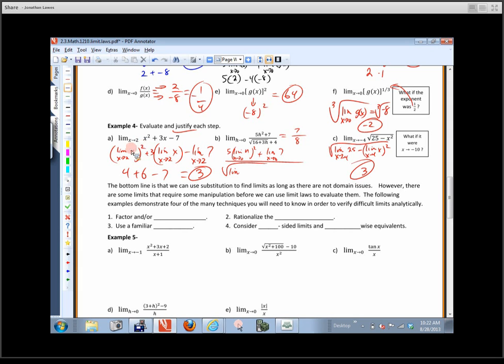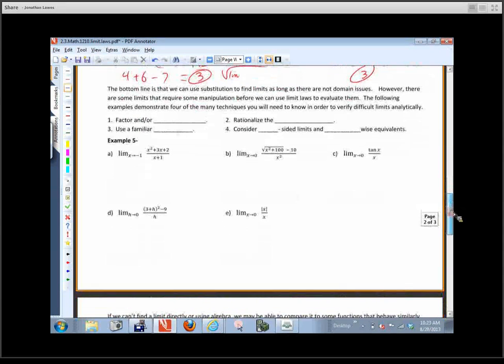If you want to just plug it in and get 4, that's totally fine, but you ought to at least think, we're getting close to 2, so this is going to get close to 2 squared, and that sort of thinking. But really, you can use substitution for a lot of them, unless they get more difficult, which is what we're going to show right now, ones that can't be done using substitution.